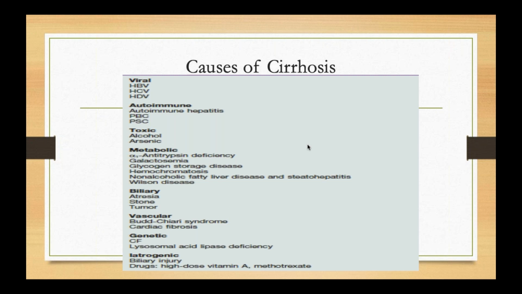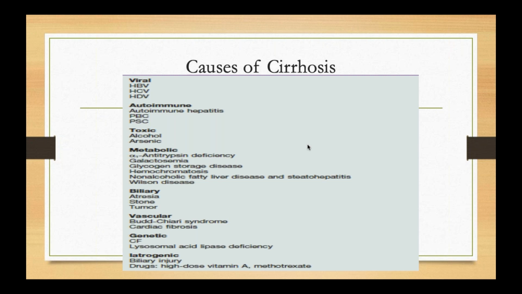Biliary etiology: for example, a stone present for a long duration causing obstruction. With chronic obstruction, secondary biliary cirrhosis can develop. Vascular etiology like Budd-Chiari syndrome and chronic calcific pericarditis keep the liver congested, because the liver ultimately drains into the inferior vena cava, which in turn drains into the right side of the heart.